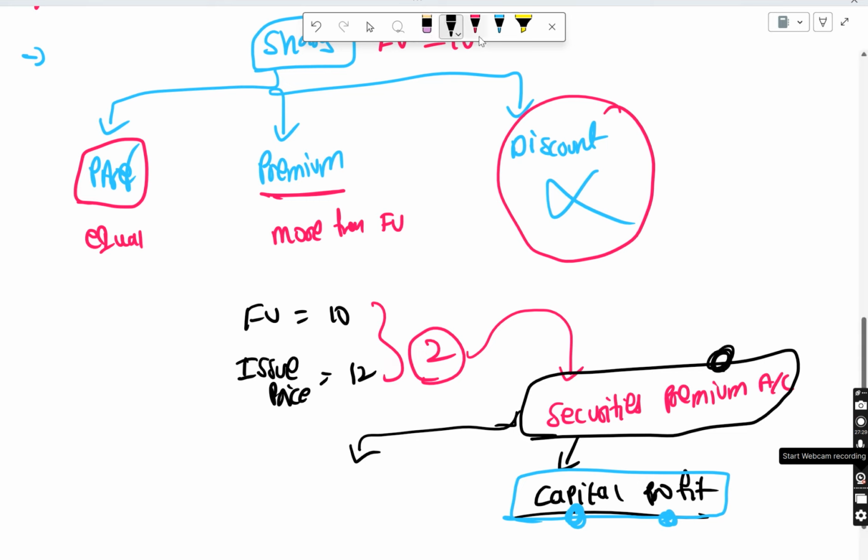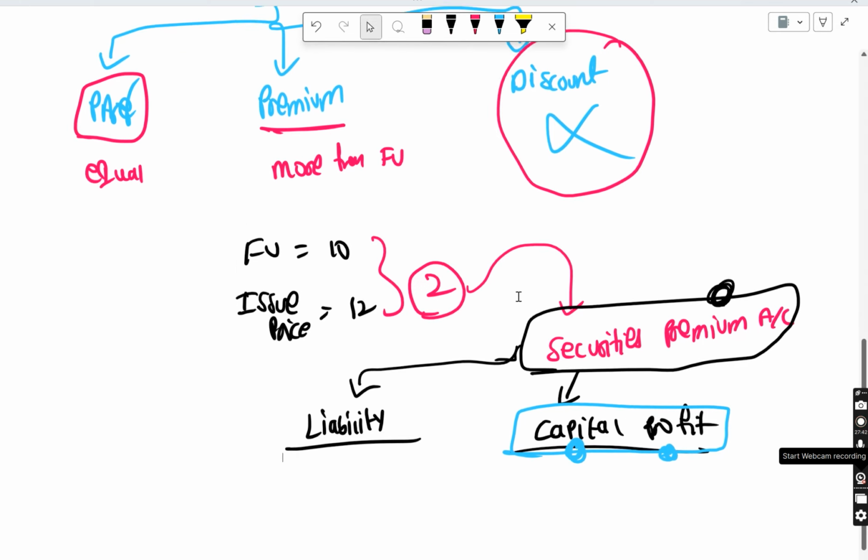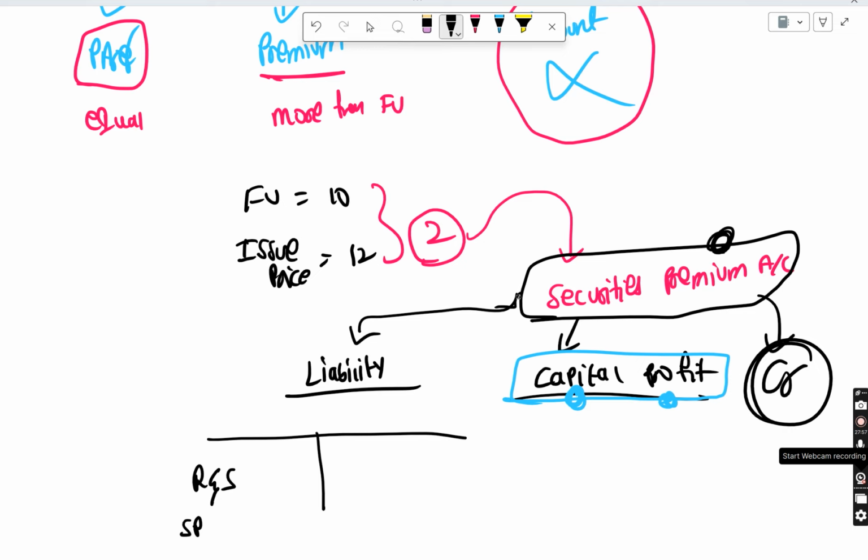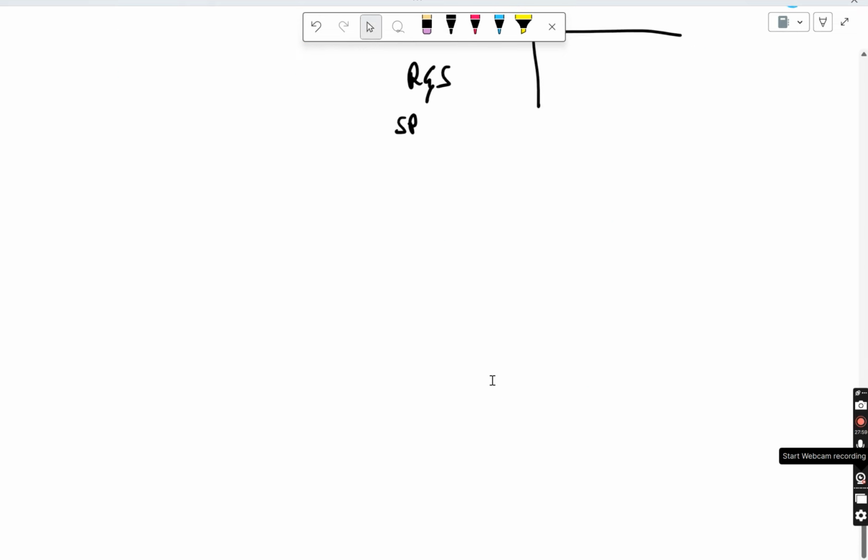The company is liable to use it only for whatever the Companies Act tells. So this will be considered a liability and it will be recorded in the balance sheet under the head of reserves and surplus. You will write securities premium. Okay, so securities premium is a liability. Liability means it shows a credit balance.